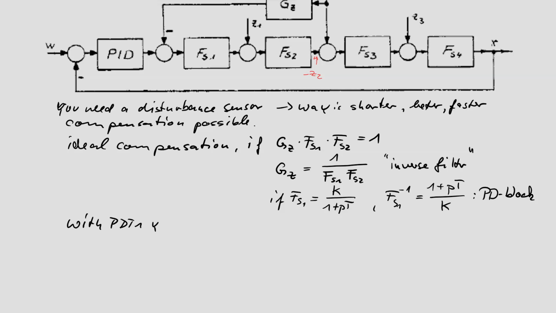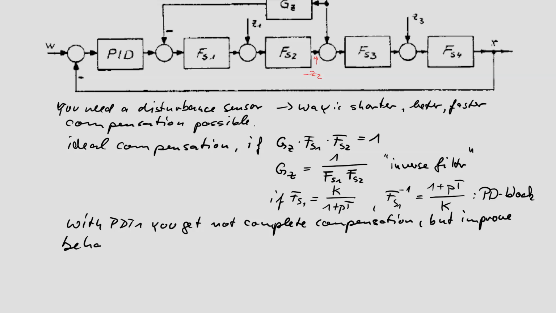Yeah, PD block with PDT1, you get not complete compensation, but improved behavior. That's the idea. Behavior, the disturbance behavior of the loop.